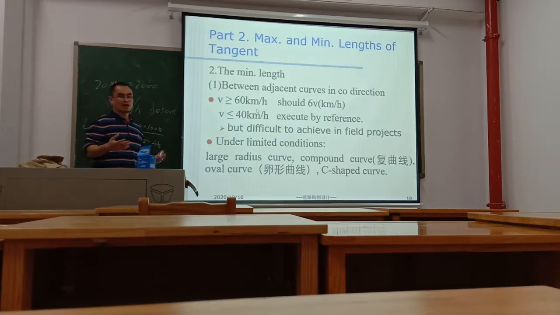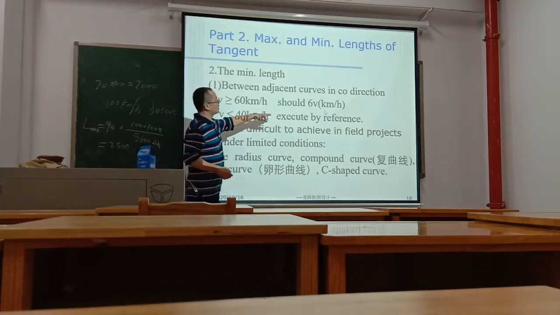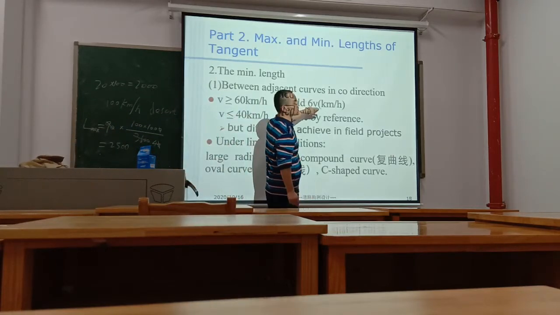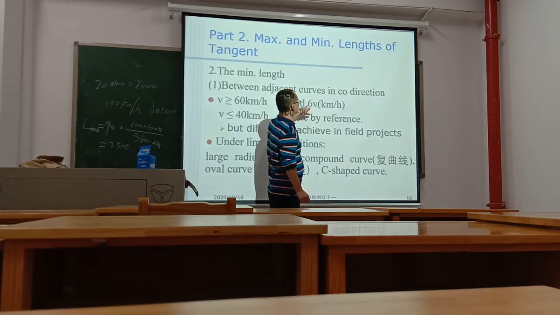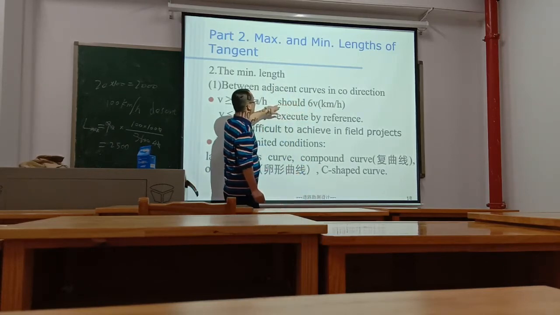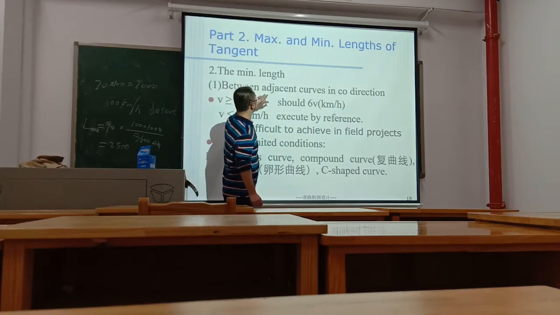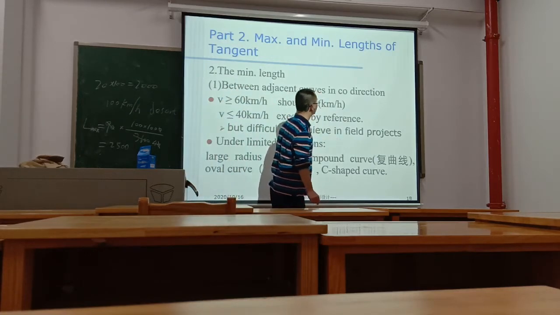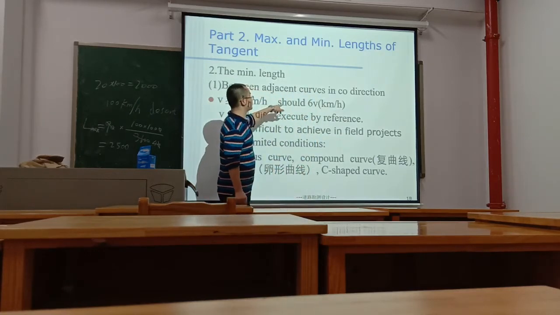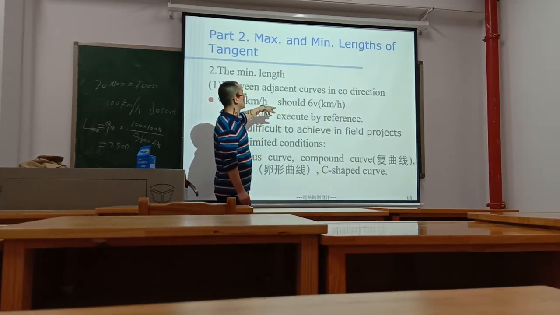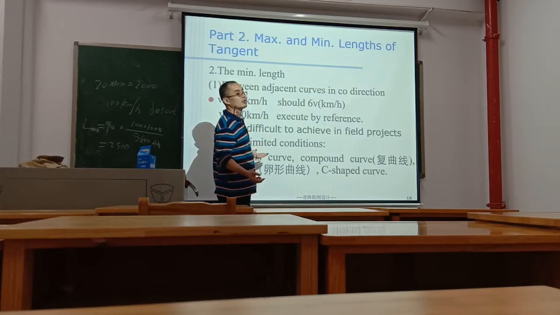If the length of straight line between adjacent caps in the same direction is less than the minimum length, it is very small.